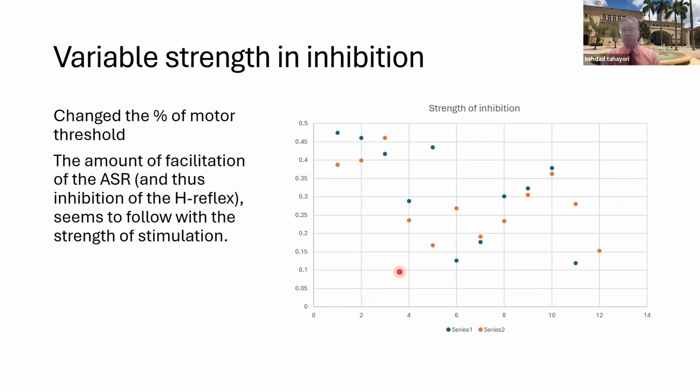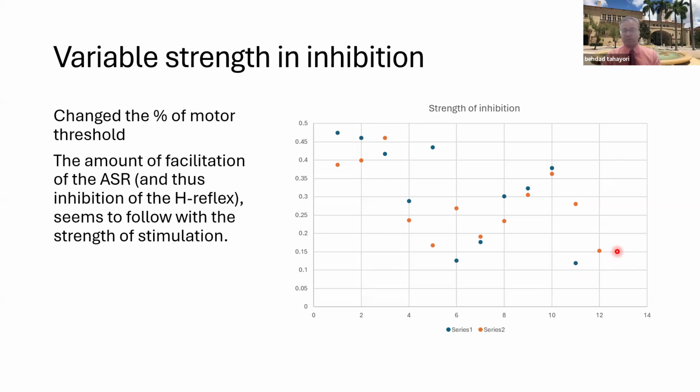It is a very low motor threshold. So most probably that ASR was directly affecting the H-reflex and enhancing it. At the very end, because it is substantially above the motor threshold and causing a huge inhibition, you would see less effect on the ASR.